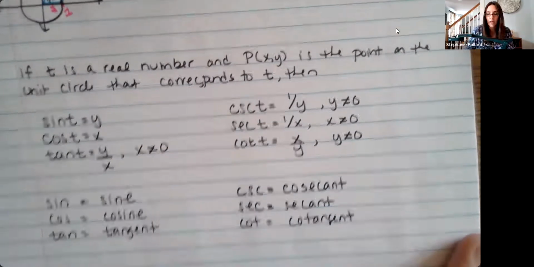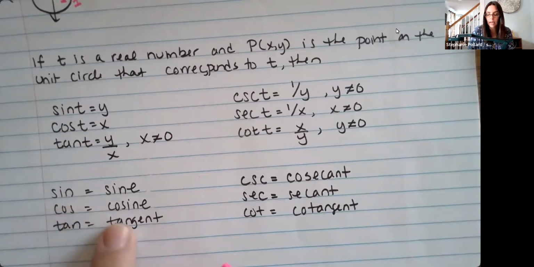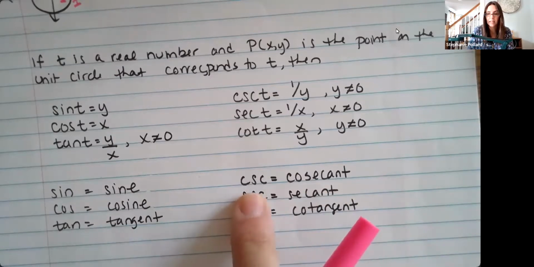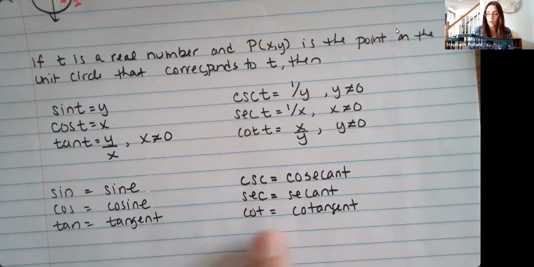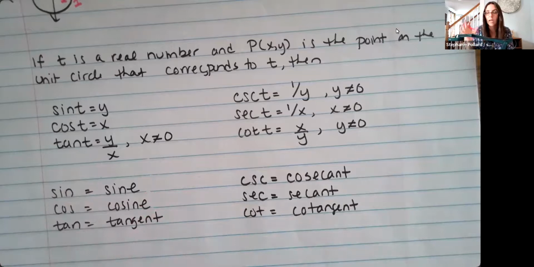So here, just for some abbreviations, sine we write as sin, cosine is cos, tangent tan, cosecant is csc, secant is sec, and cotangent is cot. So oftentimes we will just write these instead. We won't actually write out the full word, but those are your 6 trigonometric functions.